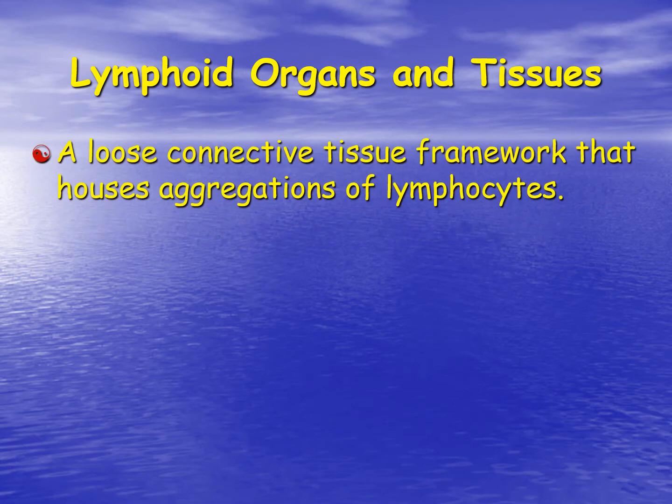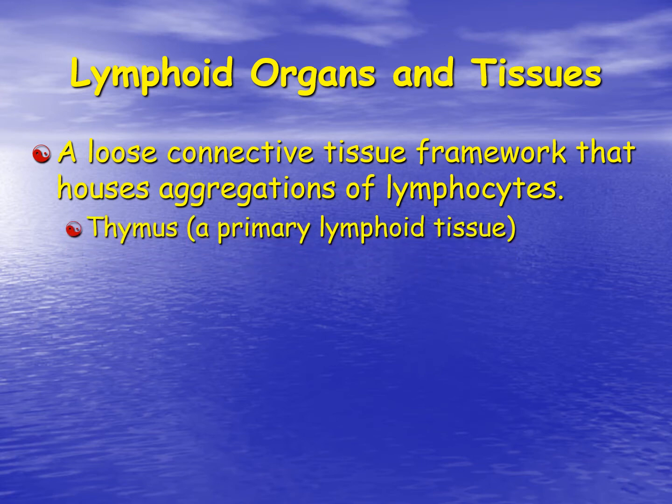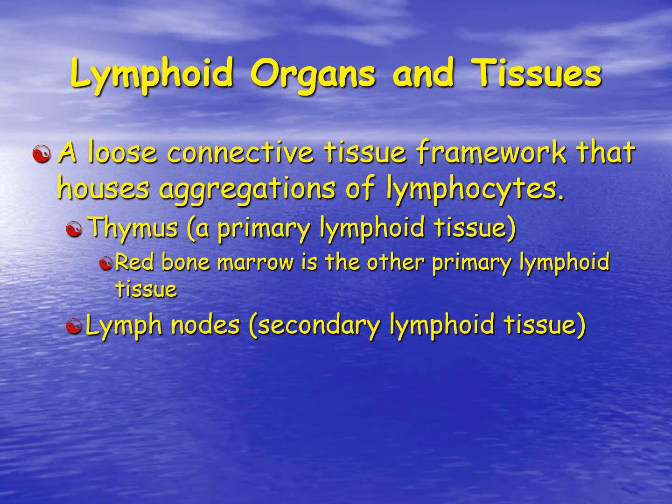Lymphoid organs and tissues are loose connective tissue frameworks that actually will house lymphocytes, macrophages, and some other white blood cells. There are two primary lymphoid tissues, bone marrow, and the other one is the thymus gland. The thymus gland actually sits in the anterior part of the thoracic cavity, and we'll talk about it in a moment.